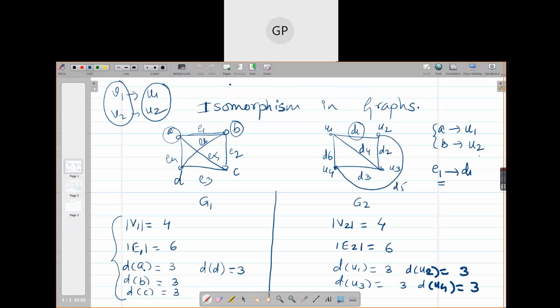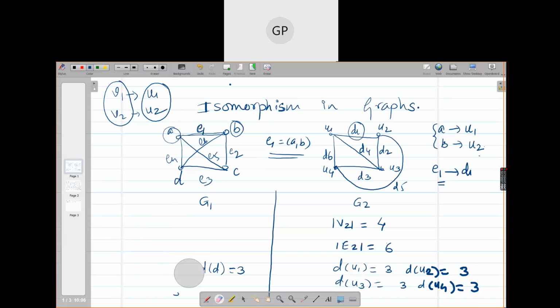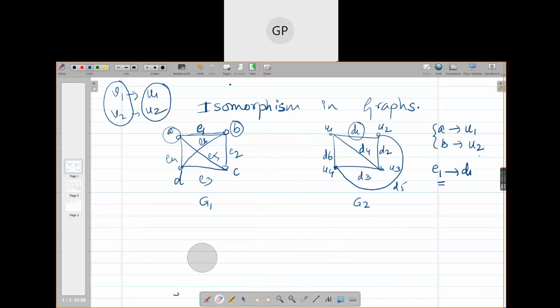So if you observe here in G1, the edge E1, its end vertices are A and B. Let me just erase this part so that I can write here. If I consider edge E1, its end vertices are A and B. I am mapping A to U1 and B to U2.